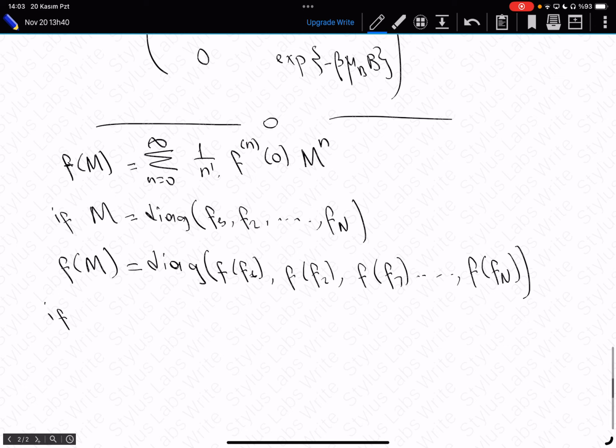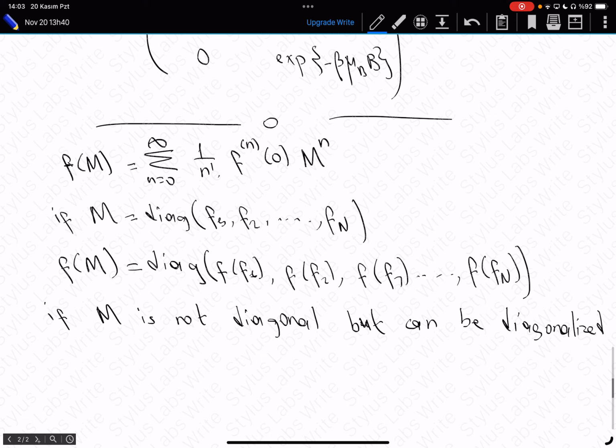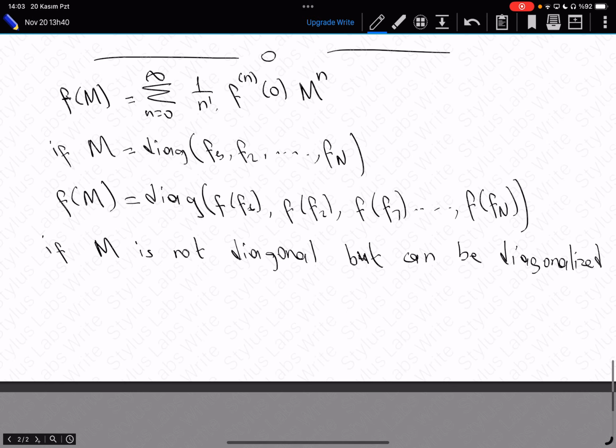If M is not diagonal but can be diagonalized, now it also depends on how you diagonalize it. It can be diagonalized by a unitary matrix. Well, an orthogonal matrix, you can say that it's a special case of a unitary matrix.